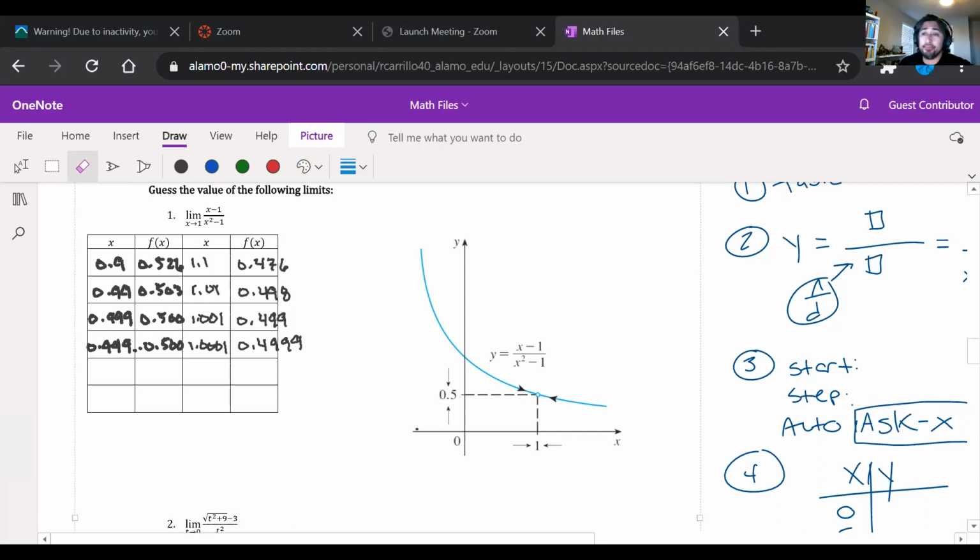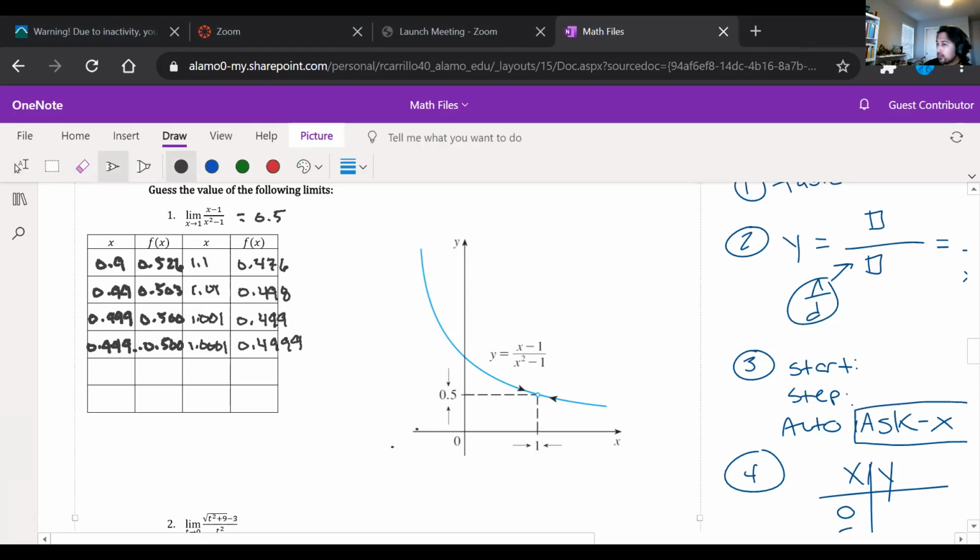Okay. You guys see Ryan's numbers? Did everybody come out with, or actually, let me ask, what do you guys think the limit was for number 1? 0.5. Good. Because you see your limit from the left is getting closer to 0.5.